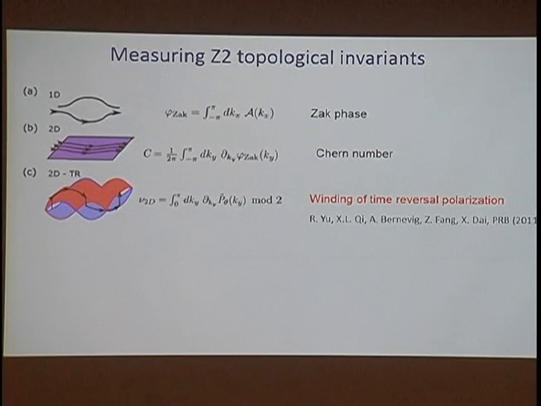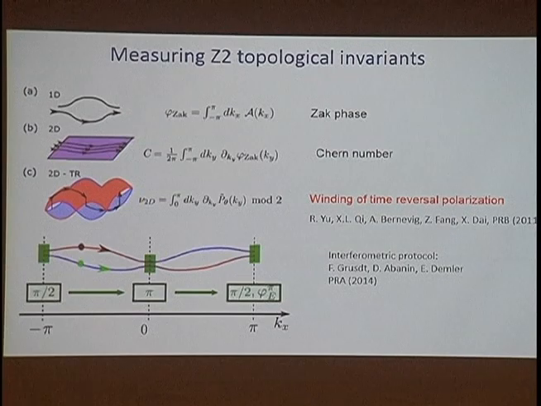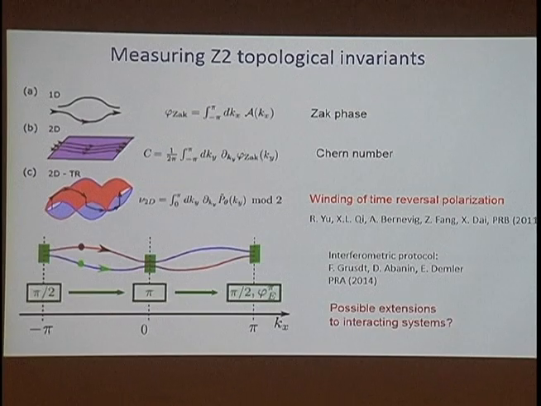So again, there is a technique for doing this. Okay, I'll skip this because of the lack of time. And there are actually interesting ideas for how this interferometry, where you really measure topology of the many-body wave functions, can probably be implemented with cold atoms.